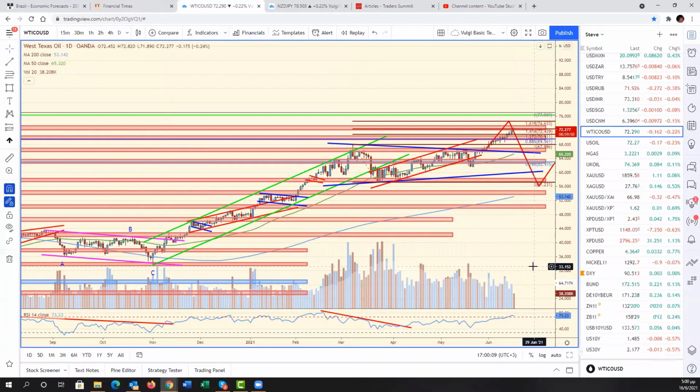Now, I was talking for several days about the next upside target in crude being 72.5, and guess what? We did reach it. We did hit 72.5 earlier today. So, as I said, this move has now clearly surpassed the point that risk reward favors longs.